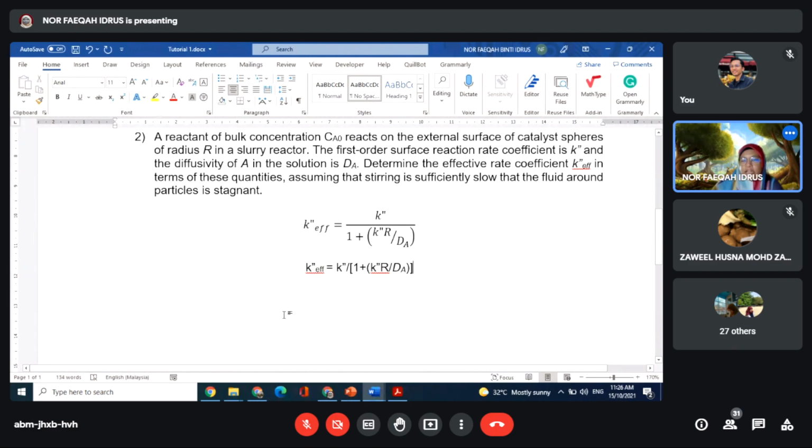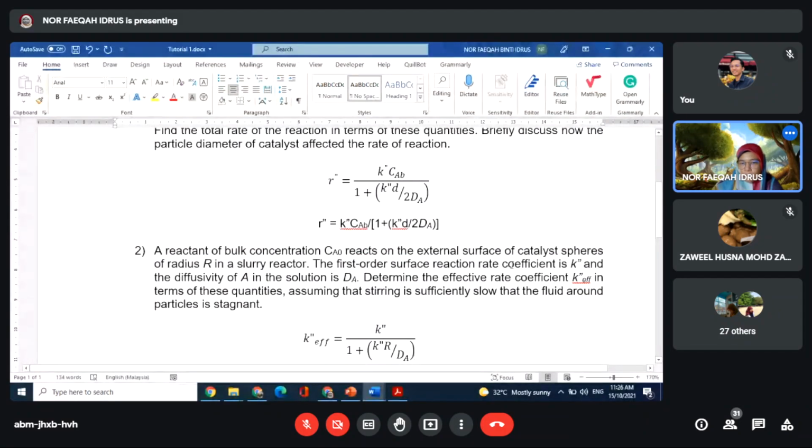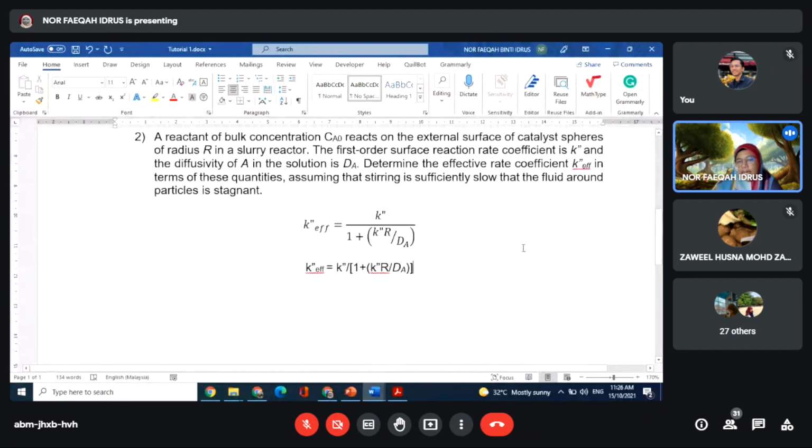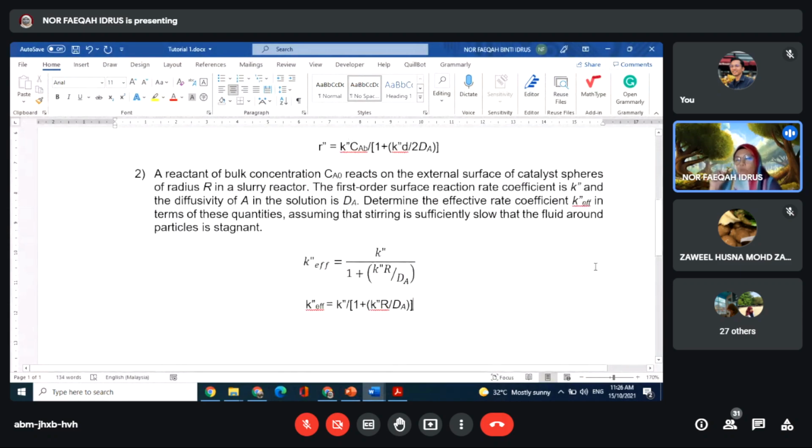Jawapan dia sama macam ni. Okay, actually these two equations sama. Right? So you can look at the video nanti and try to solve this question. Try to buat derivation. You buat balik derivation tu, baru you nampak, baru boleh faham.